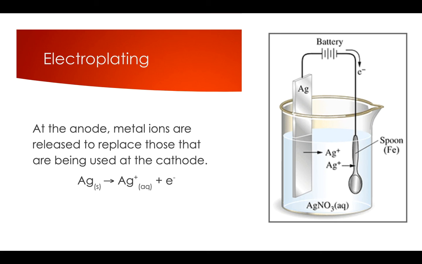Essentially, the silver from the anode is being oxidized into silver ions and then being reduced back into solid silver, but in a different location on the spoon. So you're moving the silver from the anode to the spoon. And so that's a way that electrolysis can be used for a practical purpose. So that's an overview of electrolytic cells.